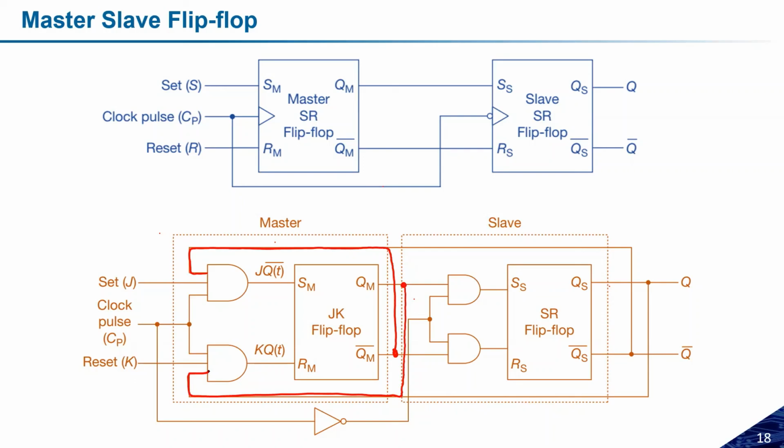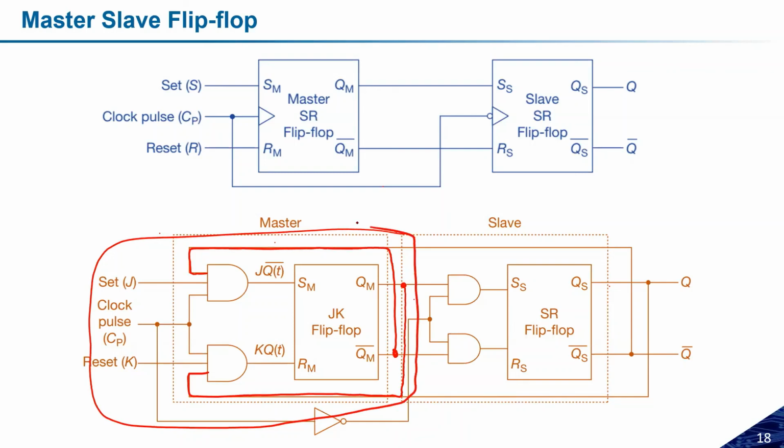But if I am using master and slave flip flop, this was the complete structure for JK flip flop, where we connected one of the inputs of this AND gate to one of the outputs, and the opposite output, and so on. The first AND gate input is connected to the QM bar, and the QM was connected to the preset AND gate.